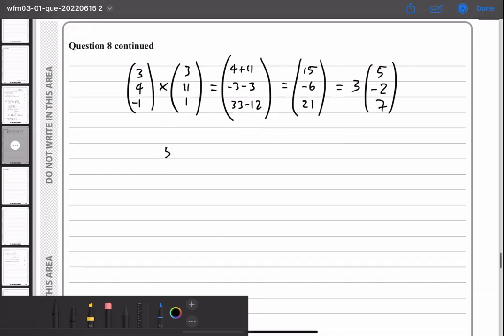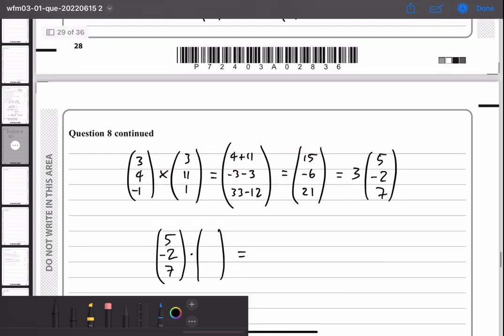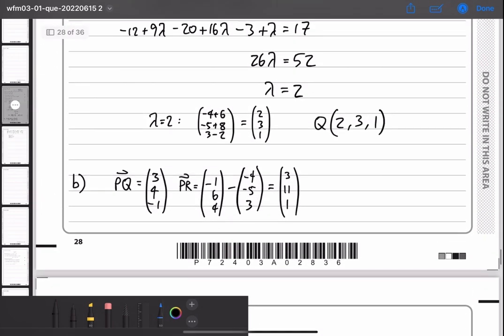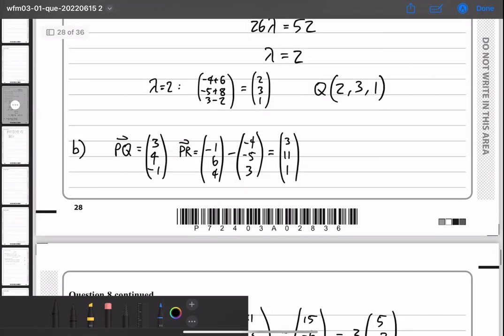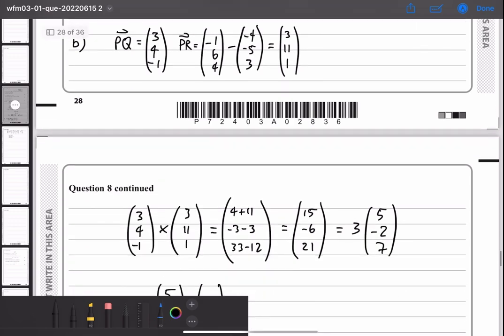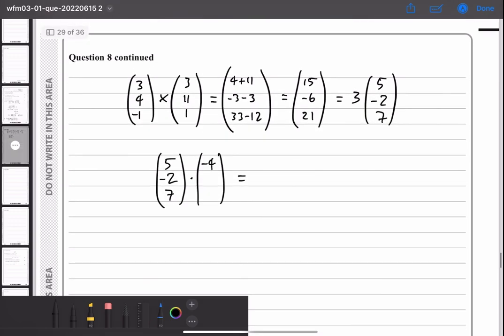So using that normal, we can now dot that with any one of the 3 points, and they should all give me the same answer. But again, I'm going to avoid using Q because I've calculated that myself, and it might be a mistake. Minus 4, minus 5, 3. We get minus 20 plus 10 plus 21, which gives us 11.